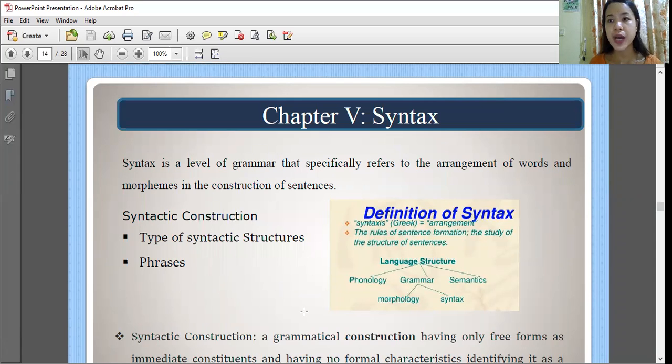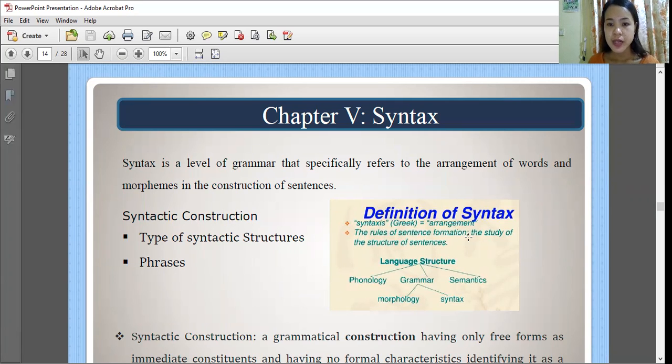Now let's go to chapter 5, where we talk about syntax. What is syntax? Syntax is a level of grammar that specifically refers to the arrangement of words and phrases in the construction of the sentence. Here is syntactic construction, types of syntactic structure and phrases.